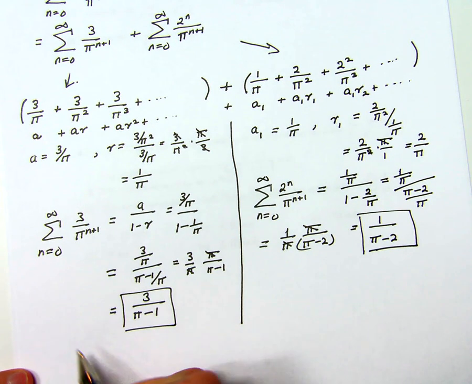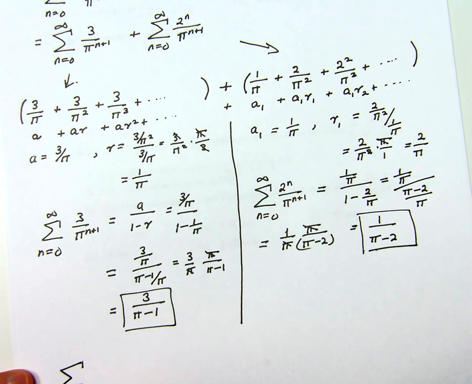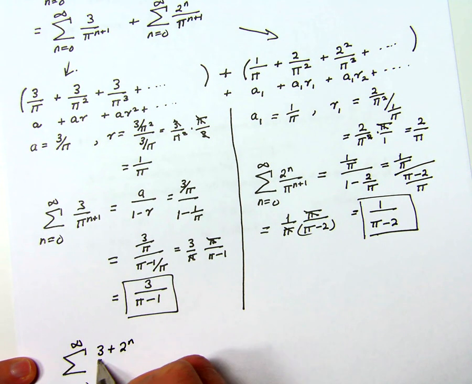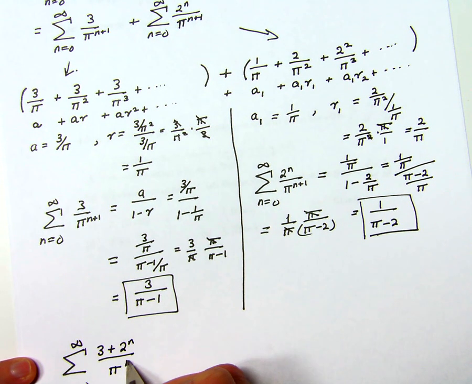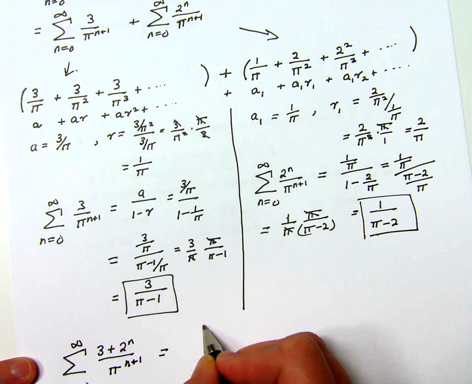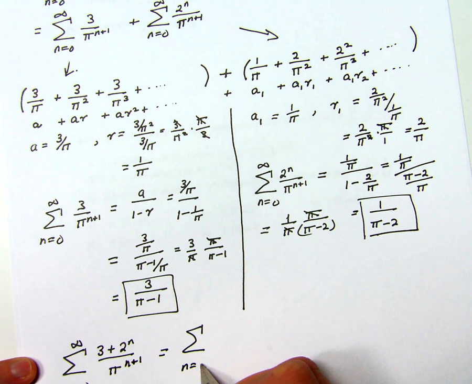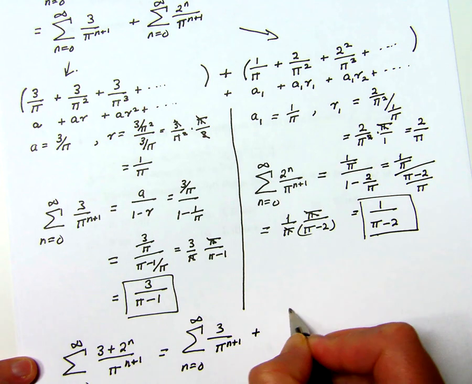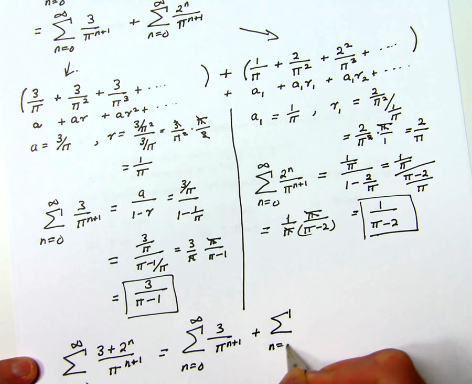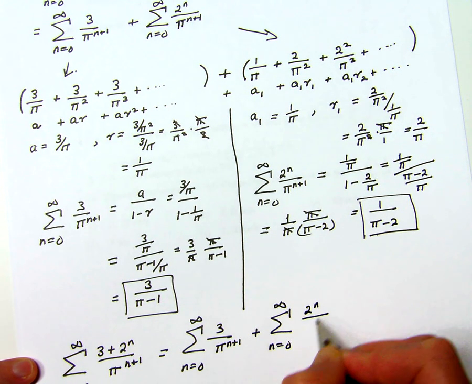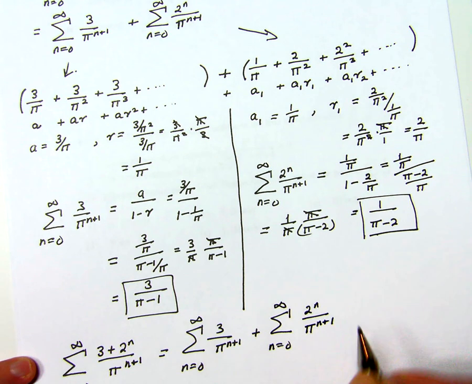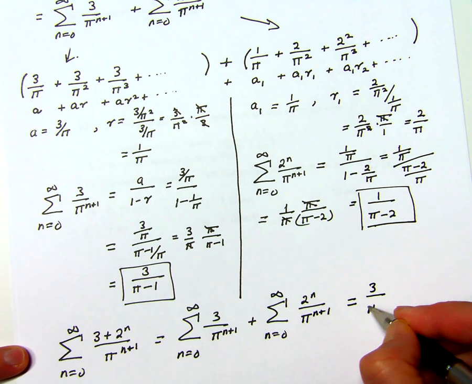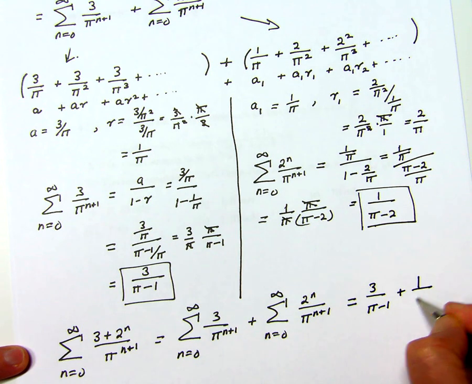And now I have the sum of my original series, the sum from 0 to infinity, (3 plus 2 to the n) over pi to the n plus 1, is equal to the sum from 0 to infinity, 3 over pi to the n plus 1, plus the sum from 0 to infinity, 2 to the n over pi to the n plus 1, which is equal to 3 over pi minus 1 plus 1 over pi minus 2.